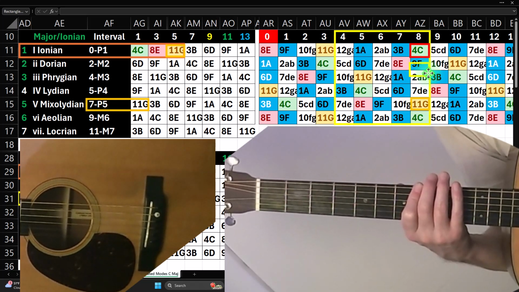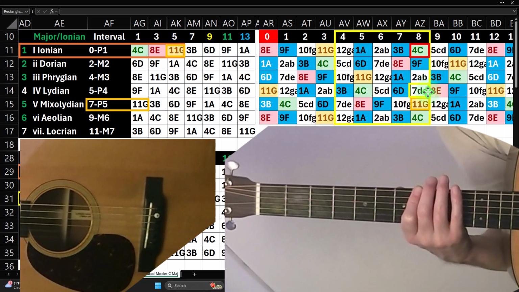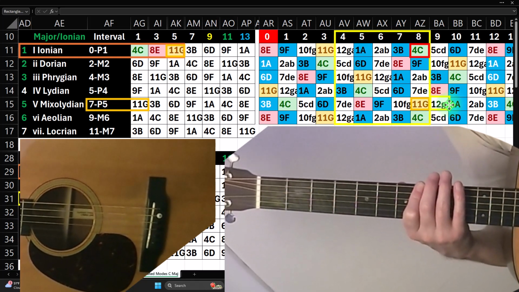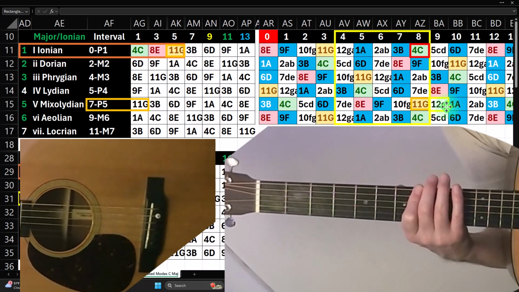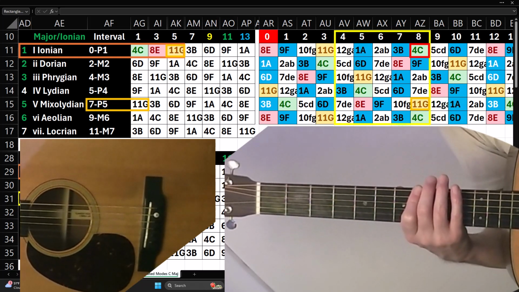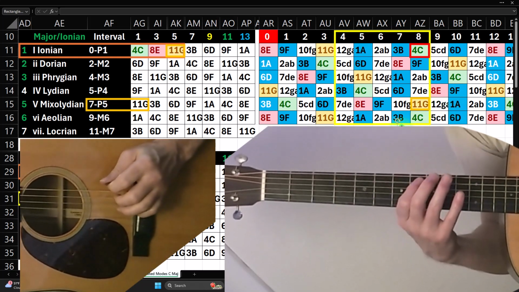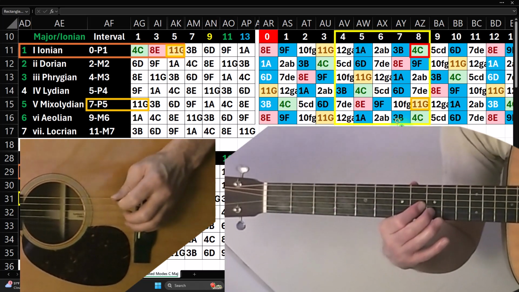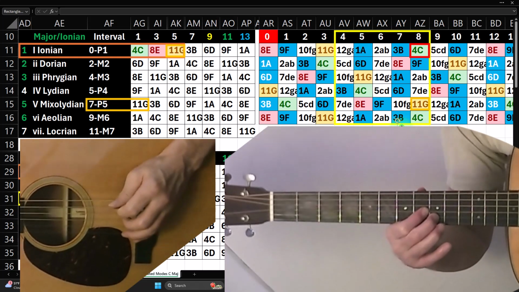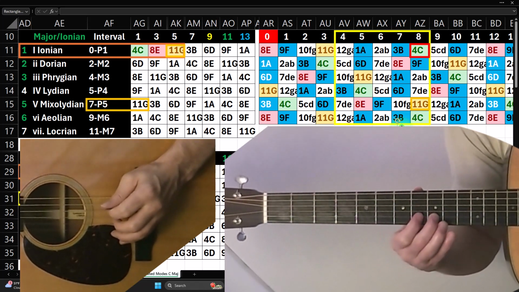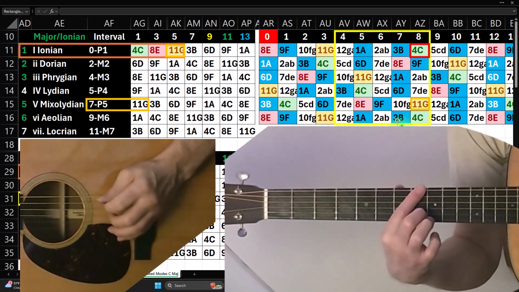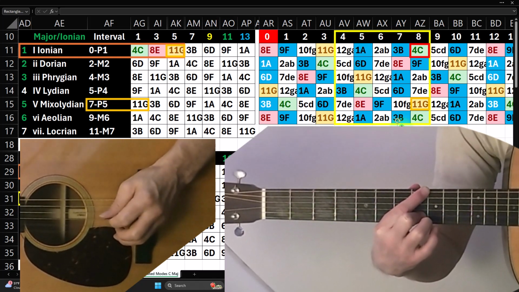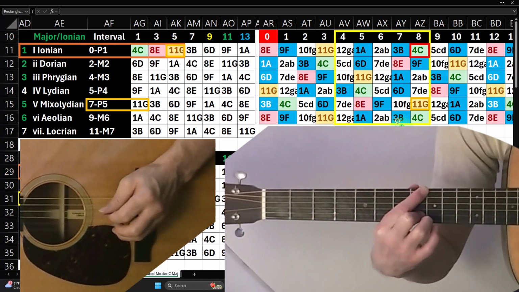So it's going to be 5, 10, 15, which I could bring down to 3, and then I have to go this way for another 5, which brings me to 8, and then back to 7. So if I do that from here, it's going to be 5, 10, 15, and then down to 3. 15 minus 12 is 3, up to here, which is going to be 8, and then back to 7. So there it is.